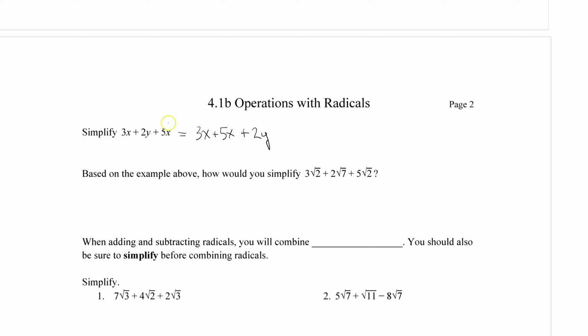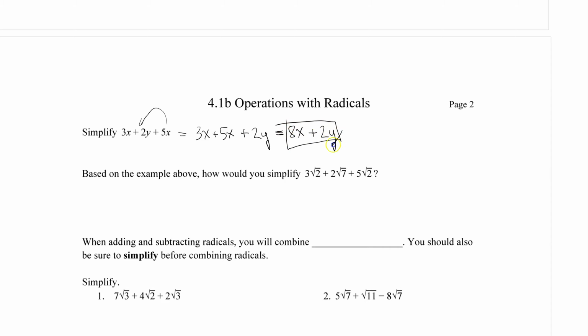I've just moved the 5x over so that it's by the 3x, because those are like terms. And so I've brought together those that are like terms, and 3x plus 5x is 8x plus 2y.